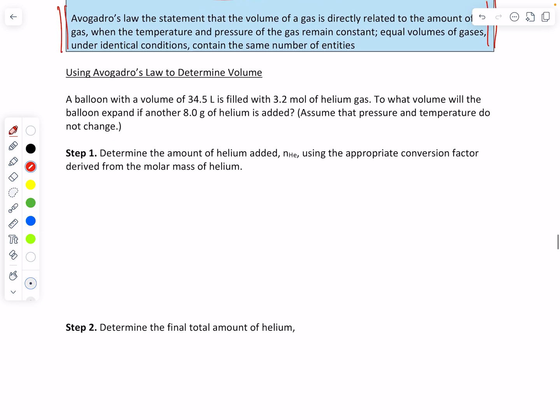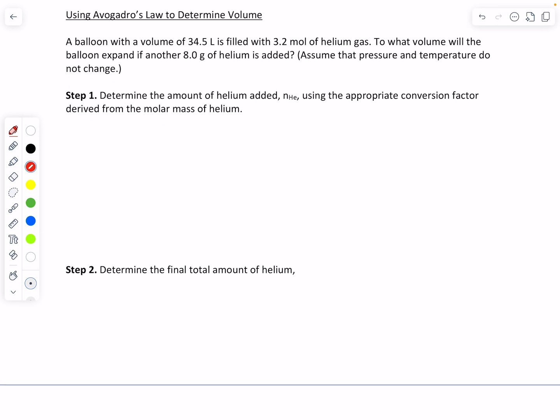Let's use Avogadro's law to determine volume. A balloon with a volume of 34.5 liters is filled with 3.2 moles of helium gas. To what volume will the balloon expand if another 8 grams of helium is added? Assume that pressure and temperature do not change. In order to answer this question, we need to find out how many moles 8 grams of helium is, because the number of moles affects the volume.